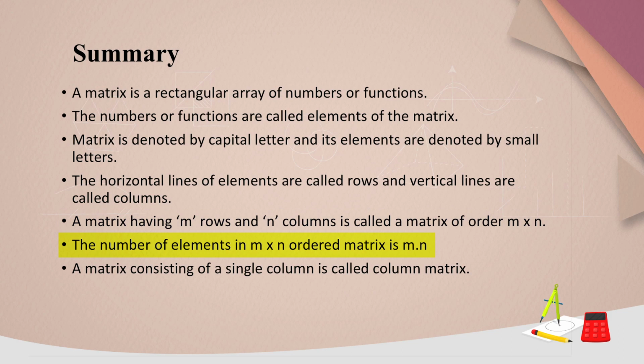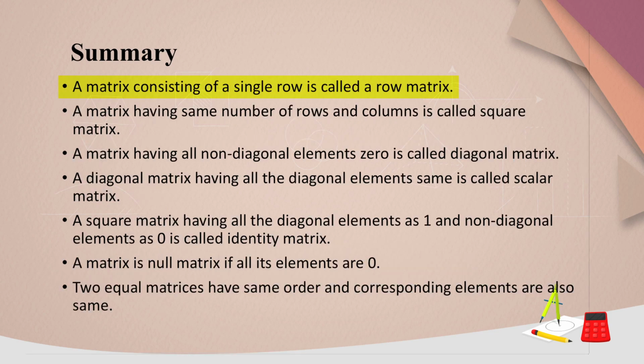A matrix consisting of a single column is known as a column matrix. A matrix consisting of a single row is known as a row matrix. A matrix having the same number of rows and columns is known as a square matrix. A matrix having all non-diagonal elements 0 is called a diagonal matrix.